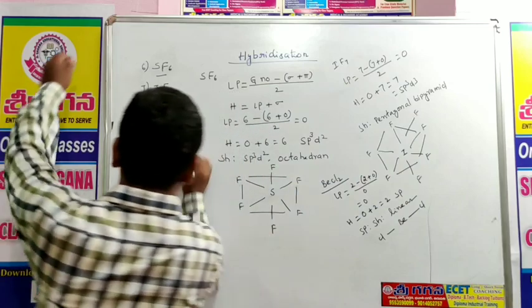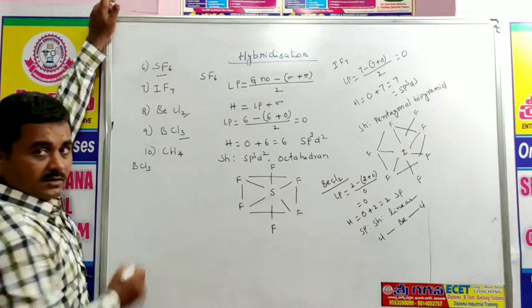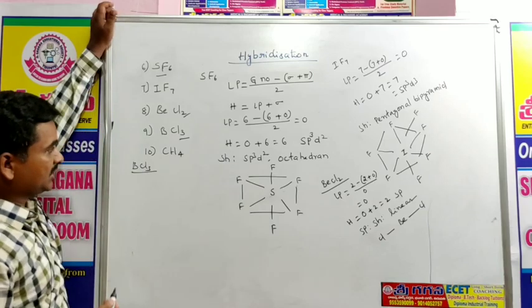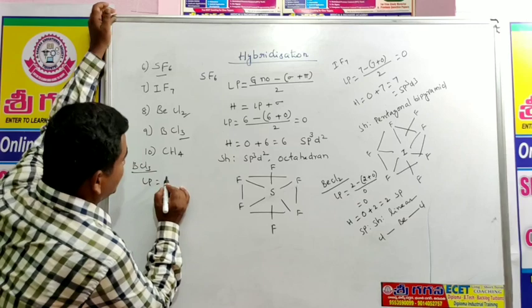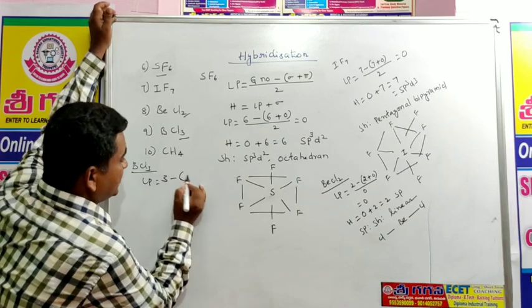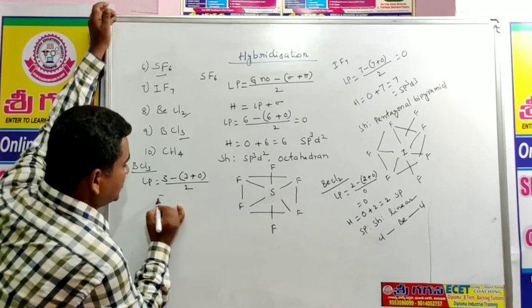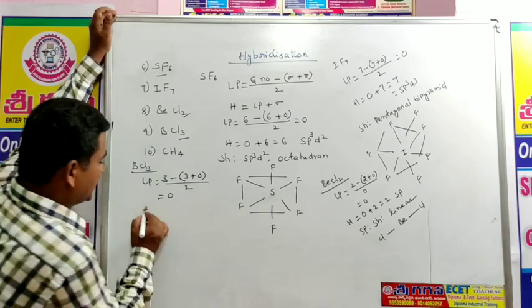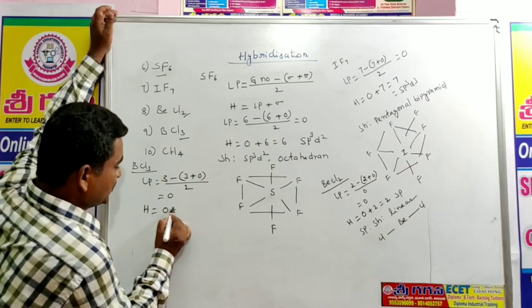Let us find the hybridization in the BCl3 molecule. For finding BCl3 hybridization, find lone pairs of electrons: group number 3, sigma bonds 3, no pi bonds by 2, we will get 0 lone pairs of electrons. Hybridization will be lone pairs plus sigma bonds, 0 plus 3, that is 3.